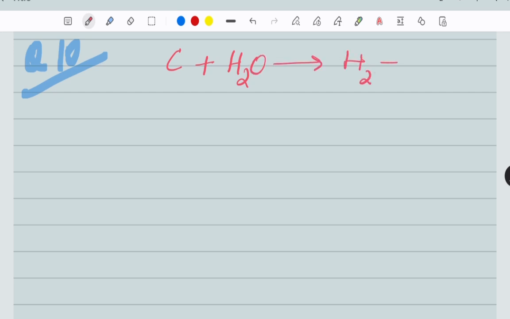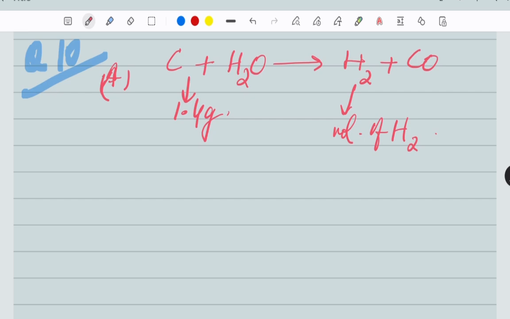The equation given for A part is carbon plus water gives H2 plus carbon monoxide. And for this A part, 1.4 gram of carbon is given to us, and then we have to calculate the volume of hydrogen. In all of the equations we have to calculate the volume of hydrogen, and find out which reaction is going to produce the greatest volume of hydrogen. Quickly I would like to solve it step by step.